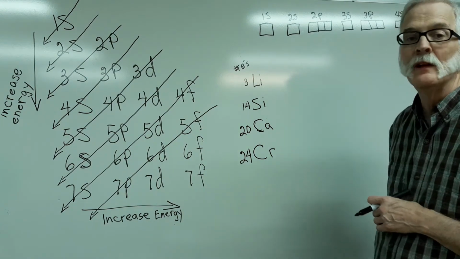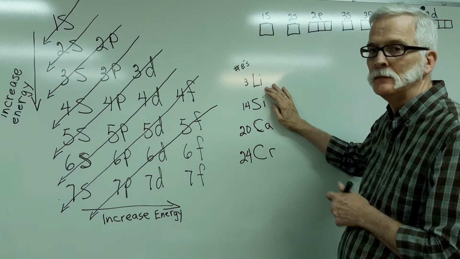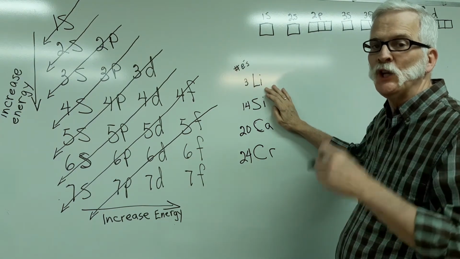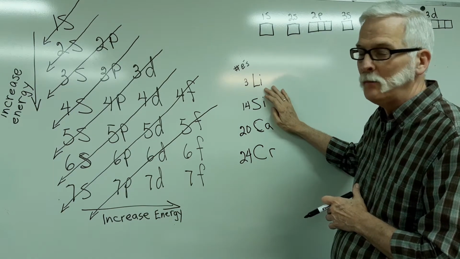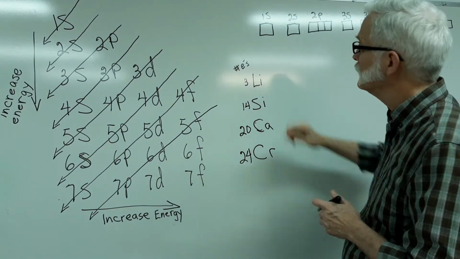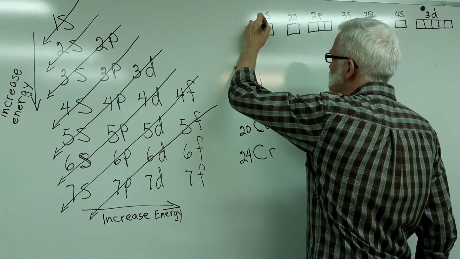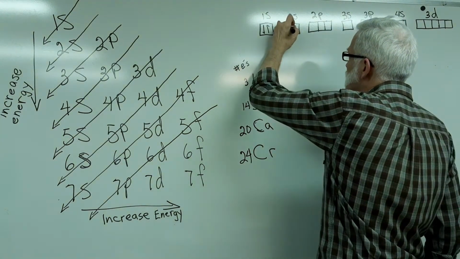Let's start with lithium. If you look at lithium on your periodic table, and I would recommend that you get your periodic table out so that you can look at it as we go along here. It would be very helpful. Lithium has 3 electrons. So, how's that going to work? First energy level. Okay? 1, 2, 3.